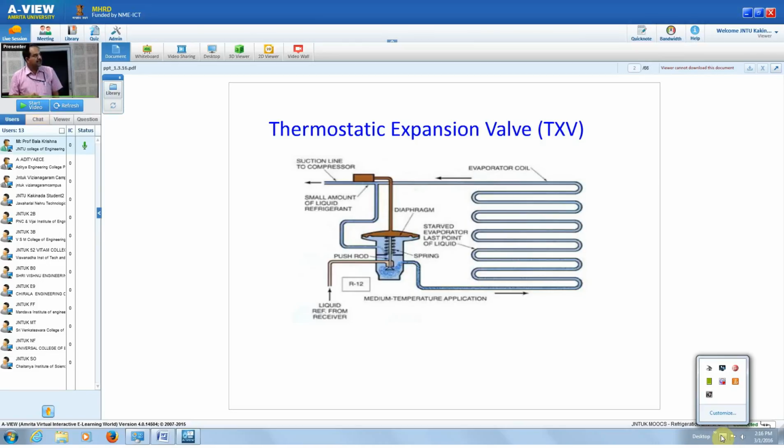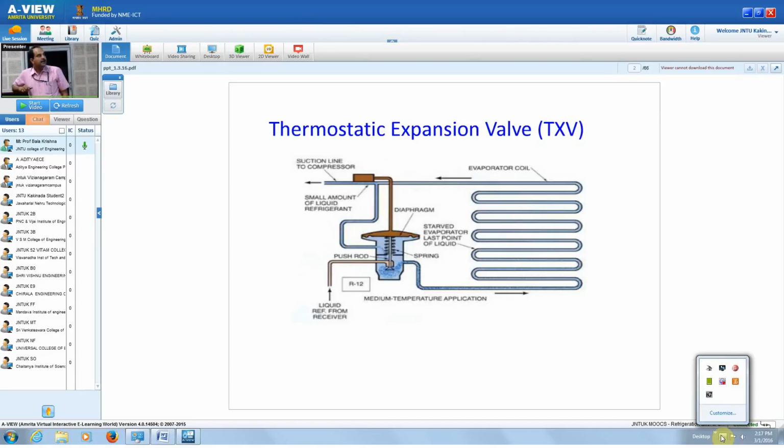So this is the thermostatic expansion valve, where the liquid refrigerant comes from the receiver. Receiver means after the condenser there is a receiver. We will see what the receiver is in the next slides. So the liquid refrigerant enters the thermostatic expansion valve, or flow control valve, or solenoidal valve.